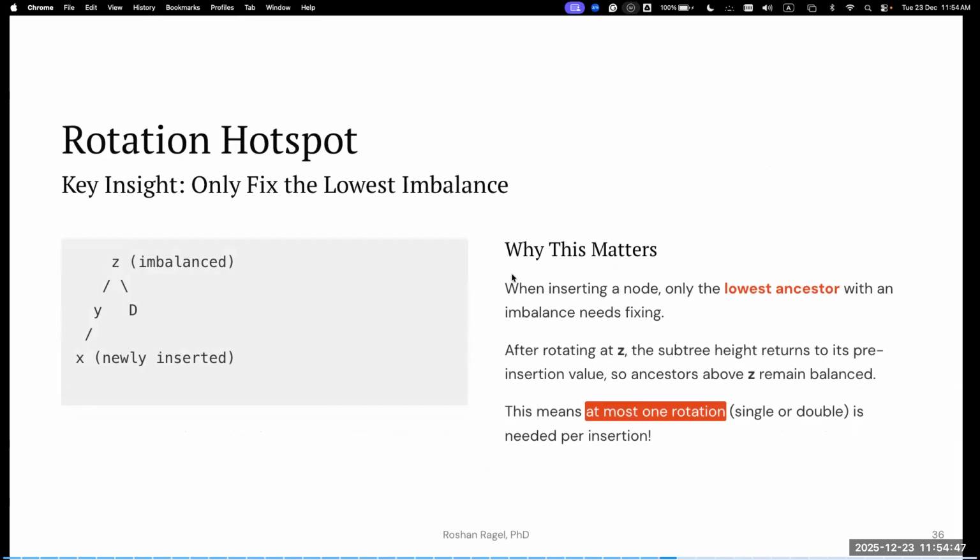I'm calling this the hotspot. We'll have to clearly identify this focus point. If you have a bigger tree and you do an insertion, we have to clearly identify where the imbalance has exactly happened. I have also mentioned here that in an imbalance situation, when a single insertion or deletion happens, there will be at most one rotation.